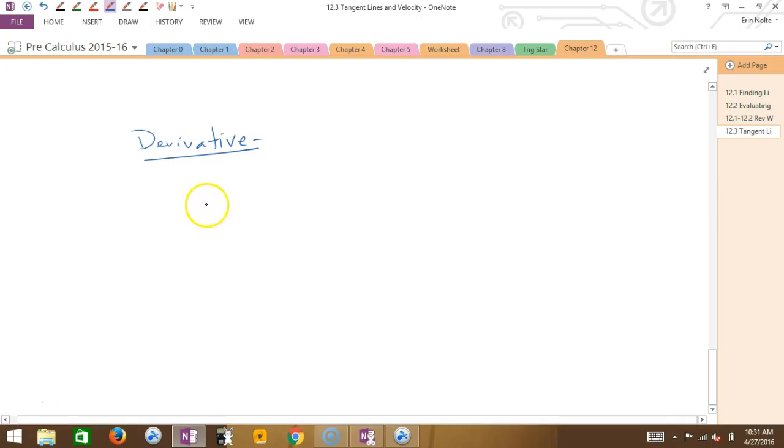The difference quotient is the first step of deriving. You can use the difference quotient to derive any function. So that is equal to the derivative of a function. Notice I just wrote a new notation for you today.